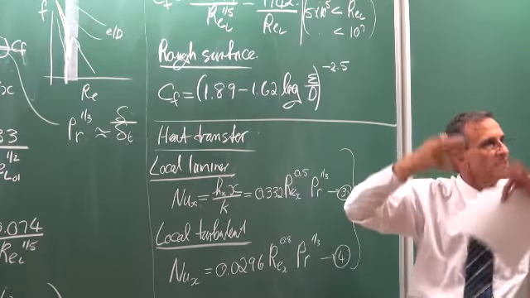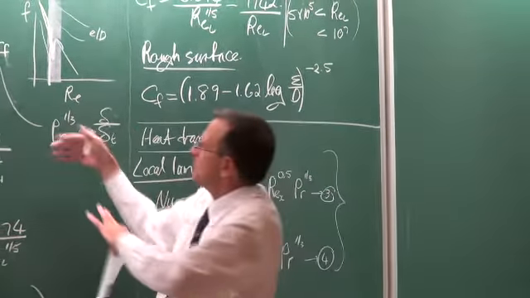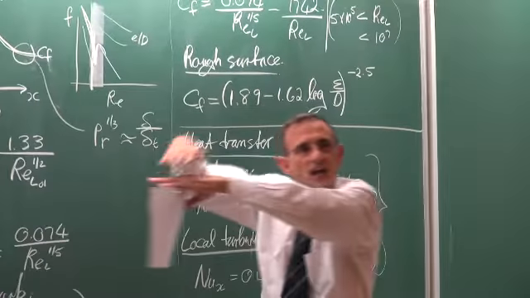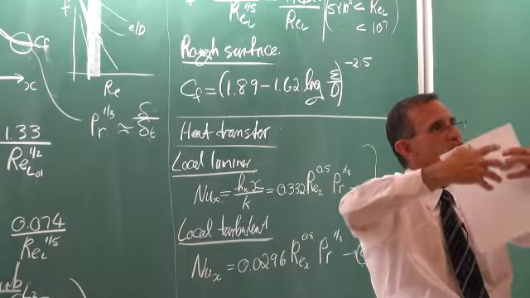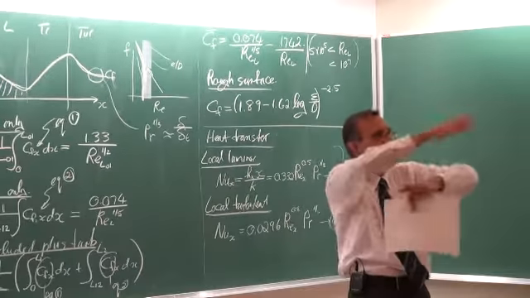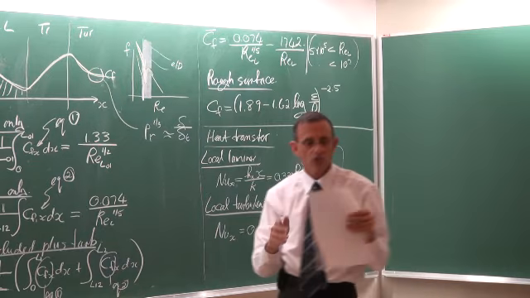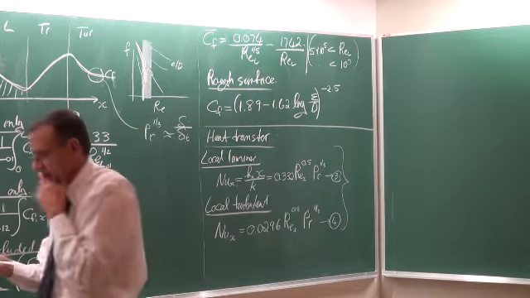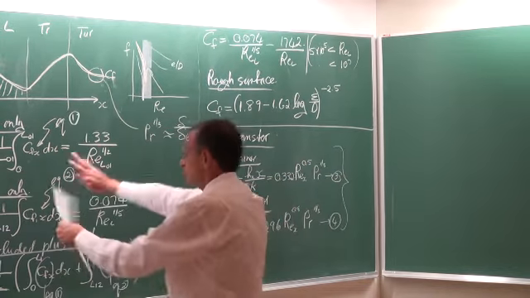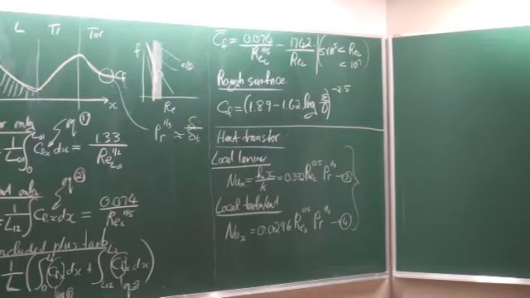The similarity there in terms of the Prandtl to the third is just changing the scales, but in general the forms are exactly the same. Right, so again, we need to do the integrations.